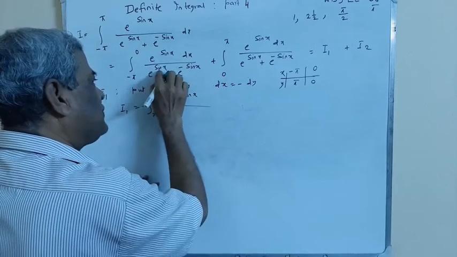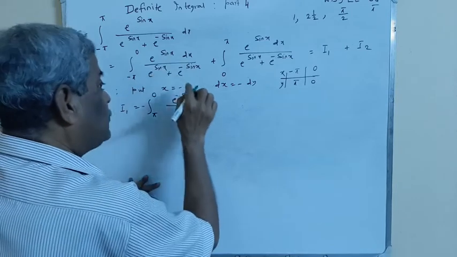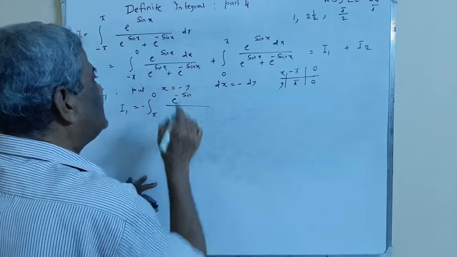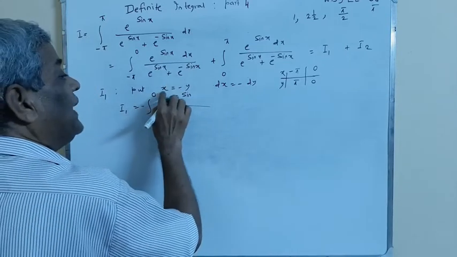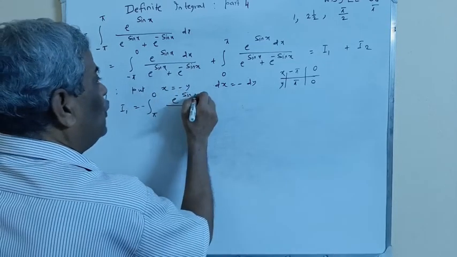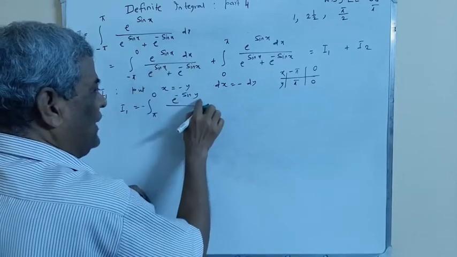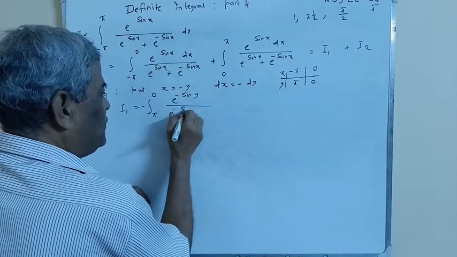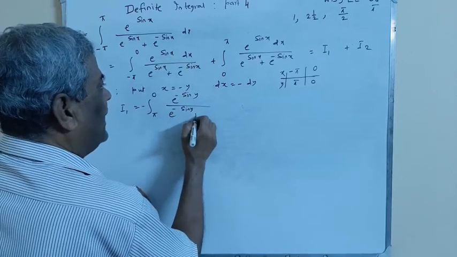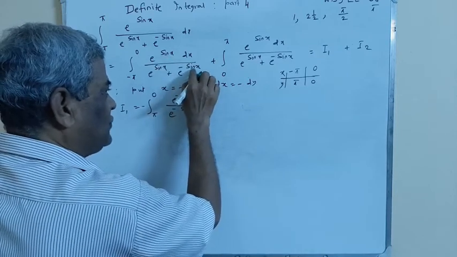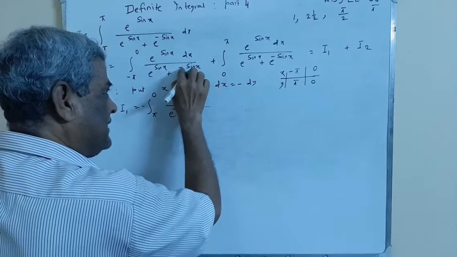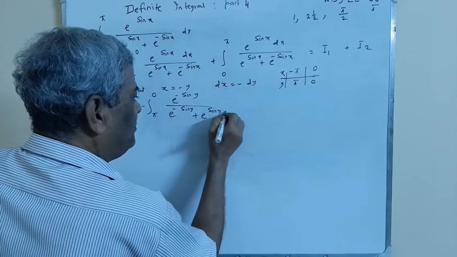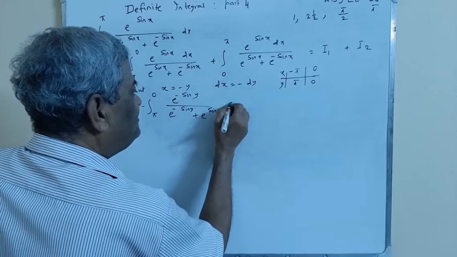I have put x is equal to minus y, so it is sine of minus y. It is e to the power sine of y plus e to the power sine of minus y. Another negative is there. E to the power sine y dy.